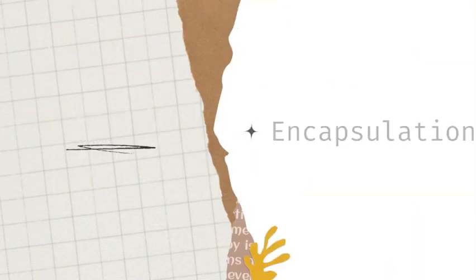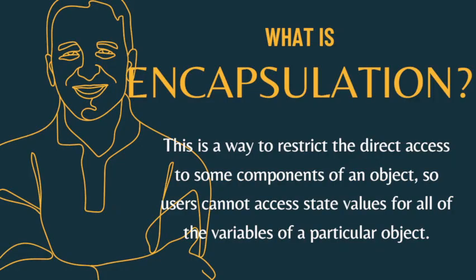So first of all, what does it mean by encapsulation? A programmer will define encapsulation in this particular way. This is a way to restrict the direct access to some components of an object, so users cannot access state values for all of the variables of a particular object.